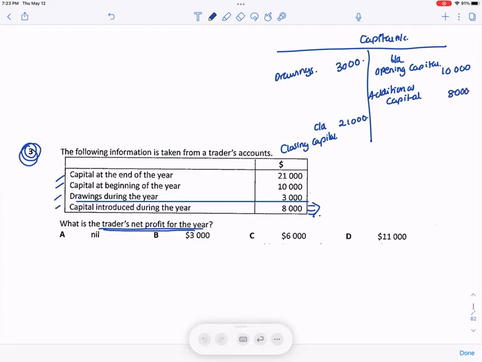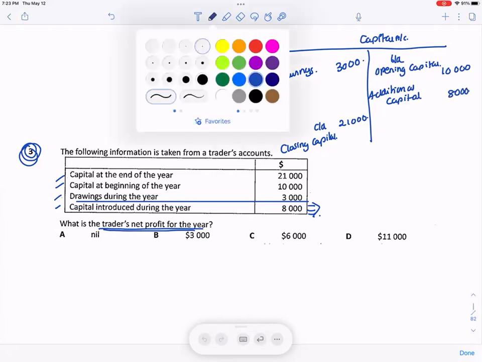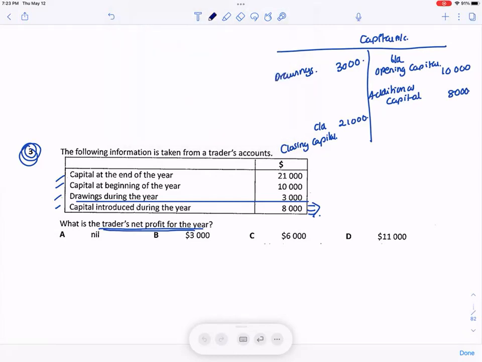What do they want us to find? The net profit value. Which side?